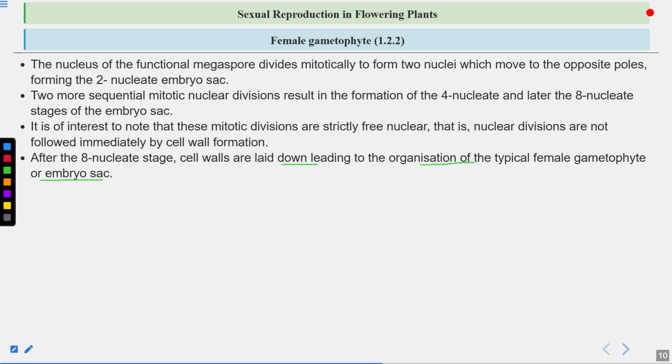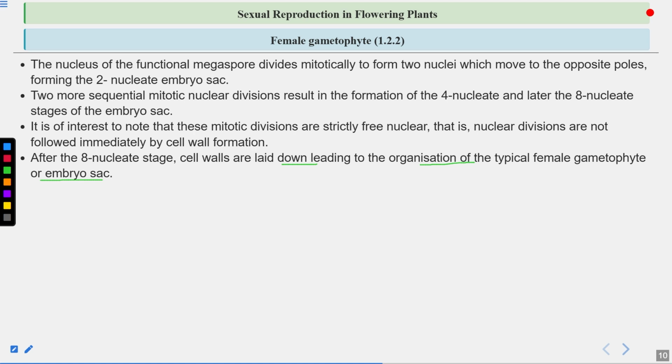Now what I am discussing is the division that occurs in the one functional megaspore that is left. This one is mitosis, a simple division. One nucleus divides into two, one cell divides into two.